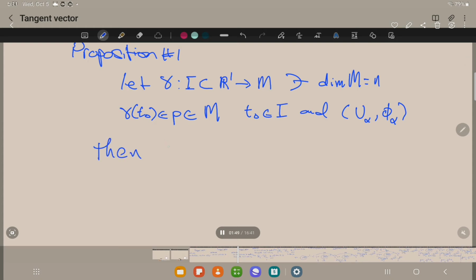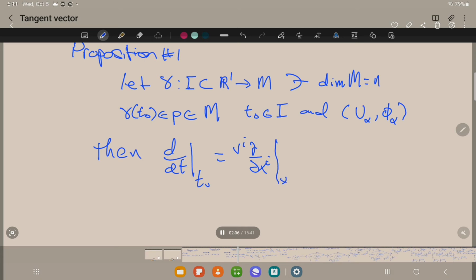Okay, so here comes the Q statement. The time derivative evaluated at t0 is equal to v^i partial x^i evaluated at x of t0.